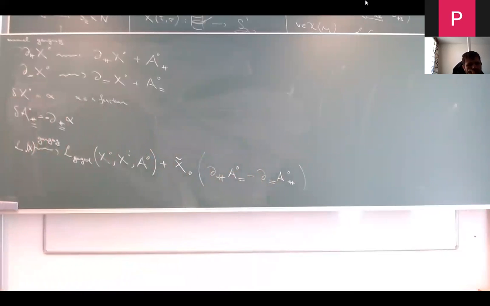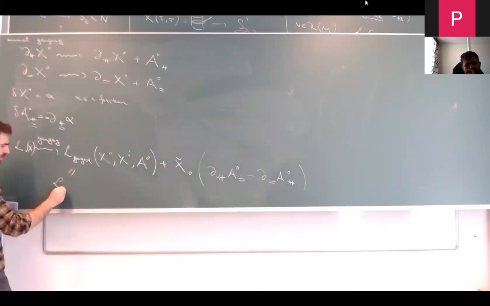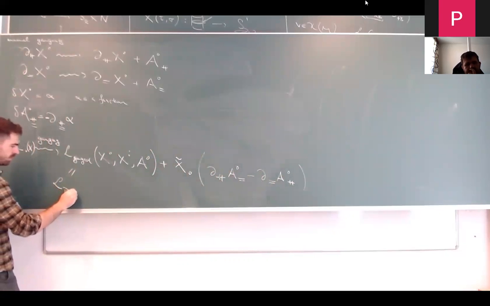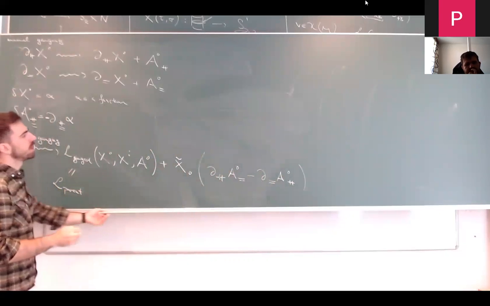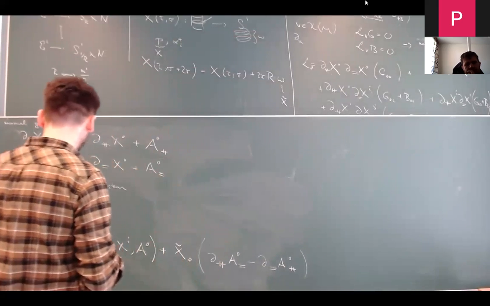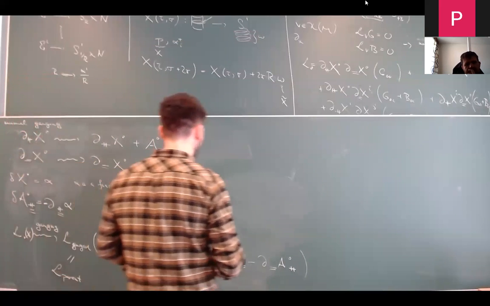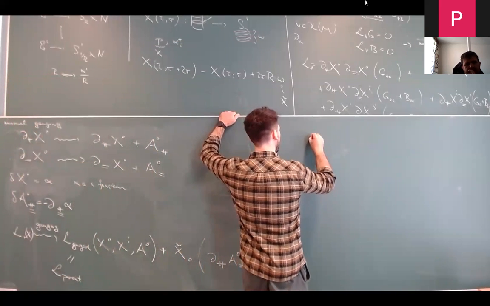Of the gauge field. Why would I do that? The reason is that now I have this mu Lagrangian, this whole thing, I'll call it the parent, and it has this sort of hierarchy with the original Lagrangian in the following sense.